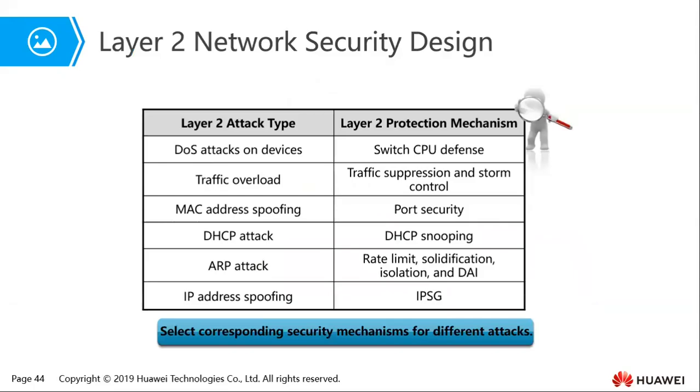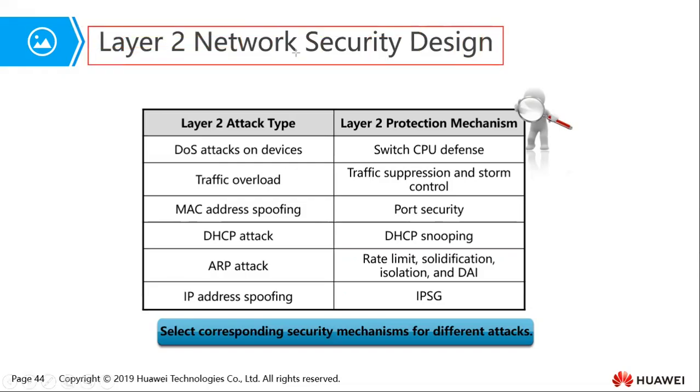So the other challenge on our LAN is security. Layer 2 attacks include denial of service attacks that simply target the CPU by sending so many packets that it cannot process the legitimate packets.